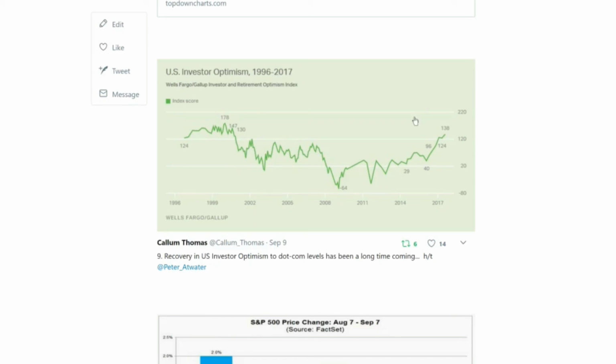The first answer is that it's glass half full and that it's about to kick into a virtuous cycle and it's going to stay at these levels for 5 years like it did pre-dot-com bubble burst. And the other one is that it's glass half empty, that it's so good that it's bad, that this is a period of too much optimism. I'll leave it for you guys to debate that one, but certainly an interesting chart.